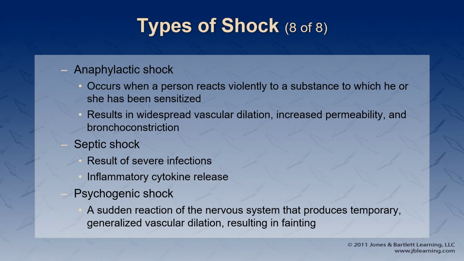And psychogenic shock is from a transient surge in parasympathetic activity, right? So somebody becomes startled or receives really bad news and faints. That's psychogenic shock. It's a sudden loss of their vascular tone that drops their blood pressure.